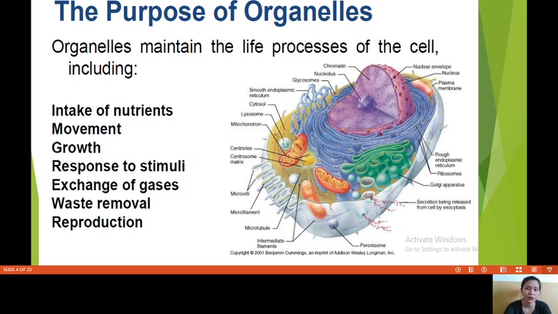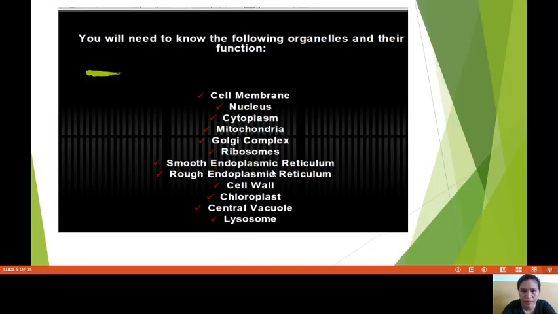So let's now go to your next slide. So these are the different organelles in a cell. Later on, we will discuss, of course, the difference between animal and plant organelles.